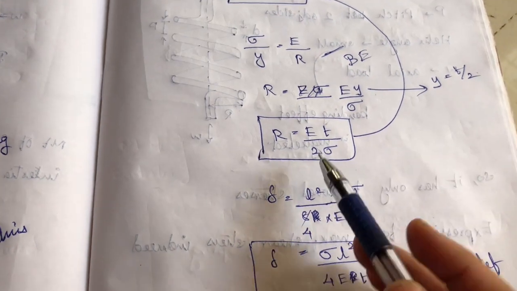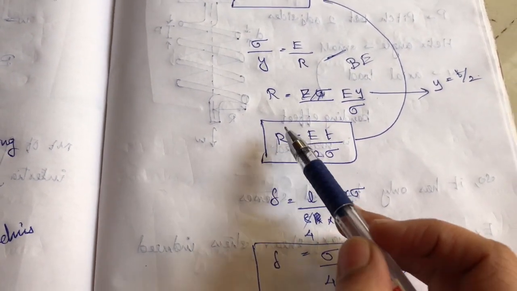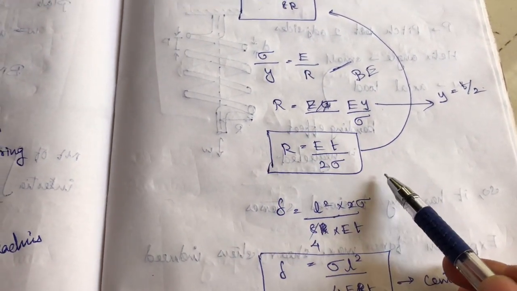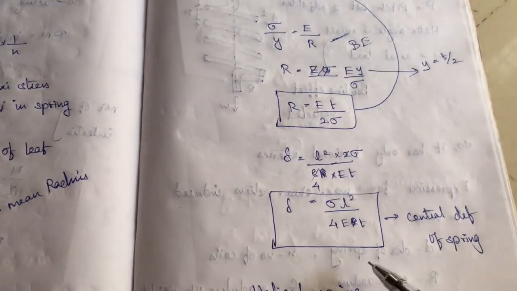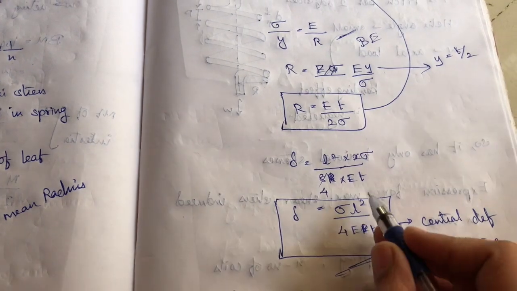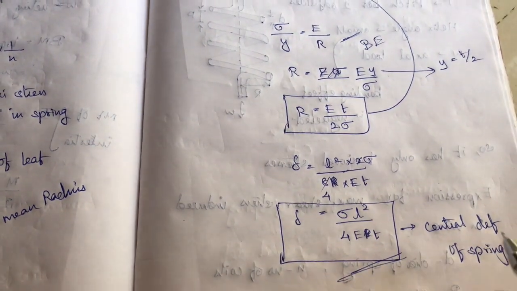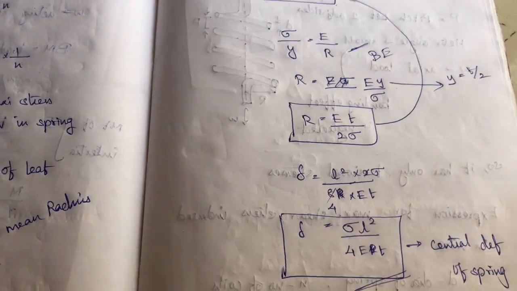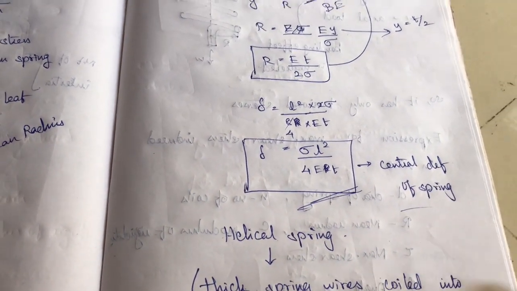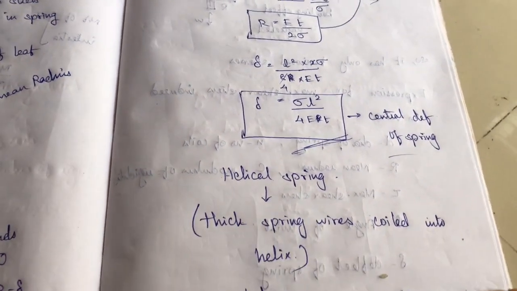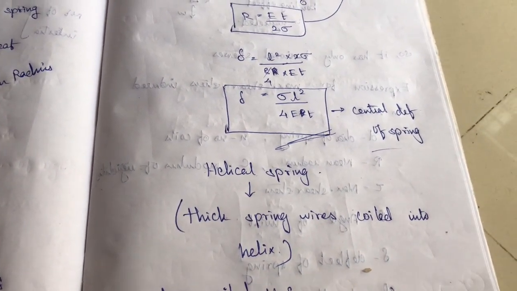So I'm just substituting this here. So R is equal to ET by 2 sigma. Just substitute this R in the deflection and you will get the answer. Sigma L square by 4ET is the answer for the deflection. This is the central deflection of the spring. Yes, so we have found the two things, deflection and then maximum stress.